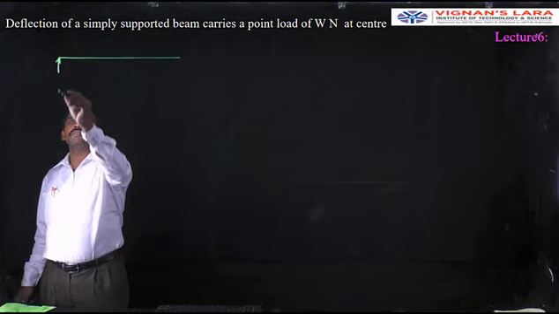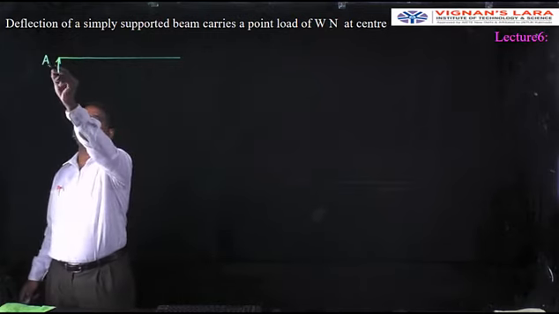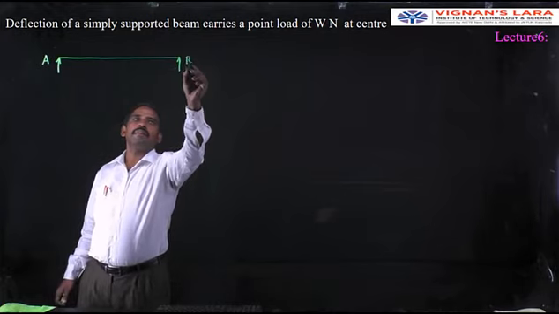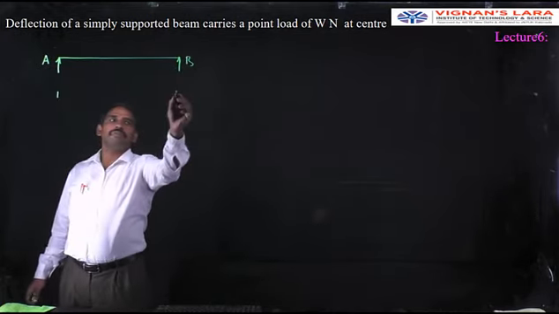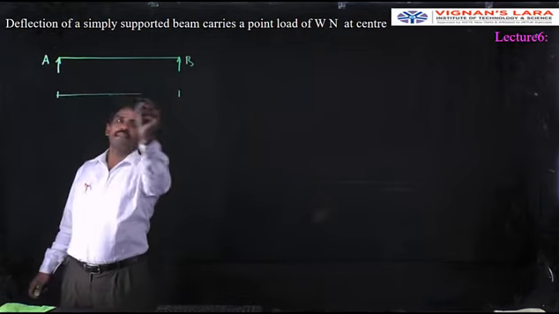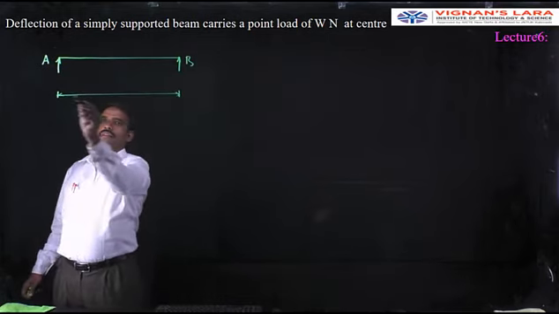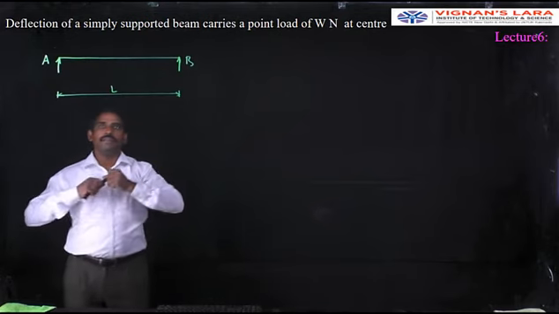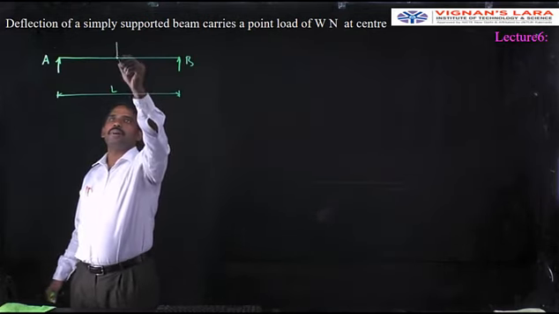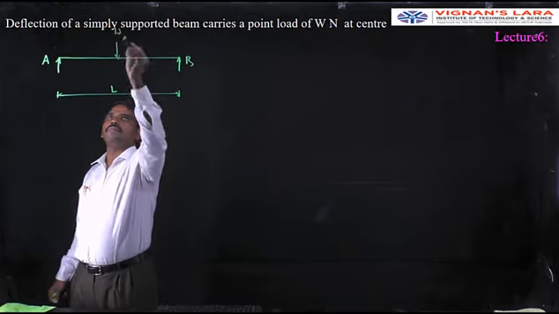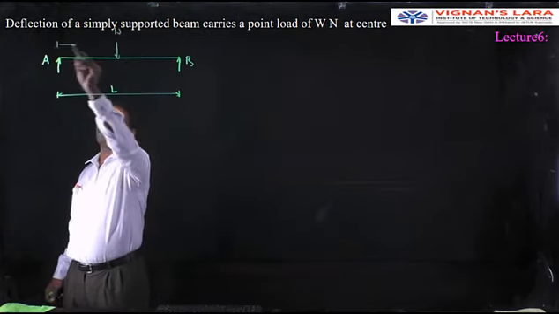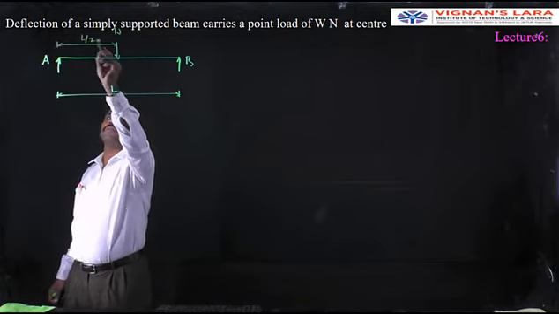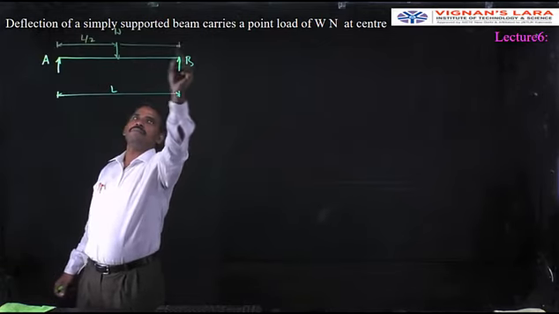A support is provided at end A and a support is provided at end B. The overall length of the beam is taken as L. Here, a point load of W is applied at midpoint of the beam, so each half is L by 2.